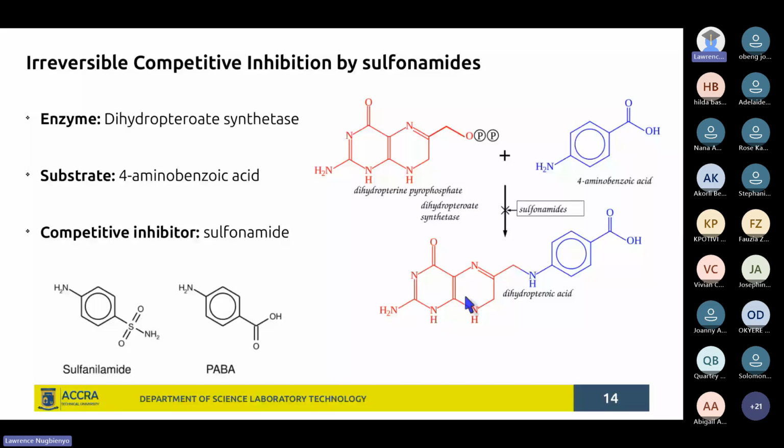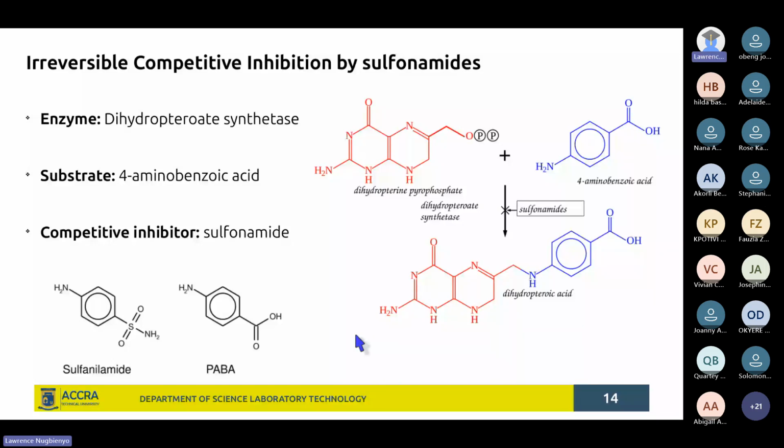So this is an antibiotic that you can refer to as a bacteriostatic antibiotic. It inhibits the growth of the bacteria. It doesn't cause the death of the cell, but it results in inhibiting its growth. So that's a bacteriostatic substance.